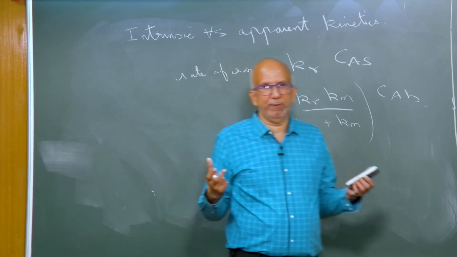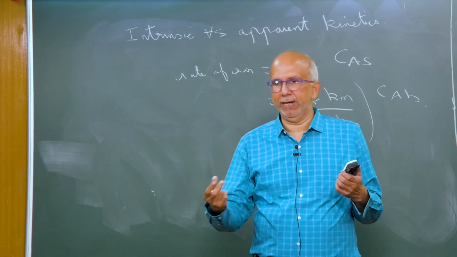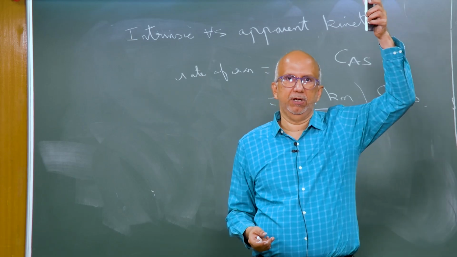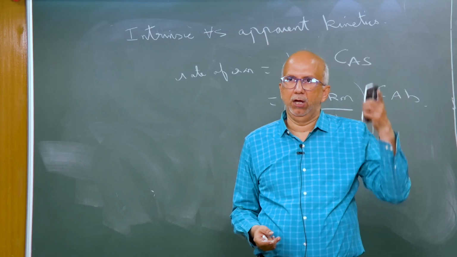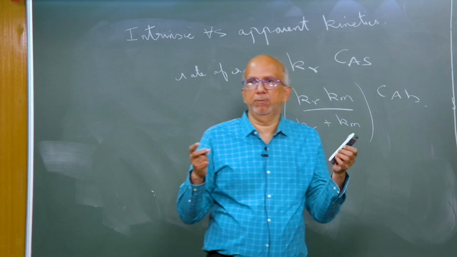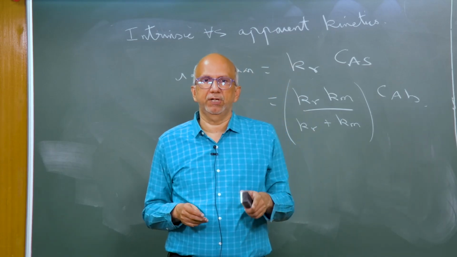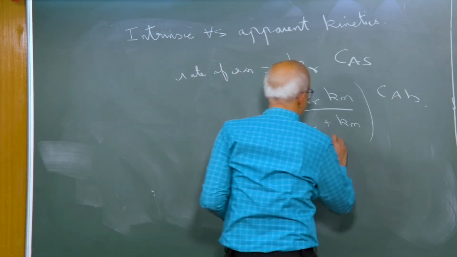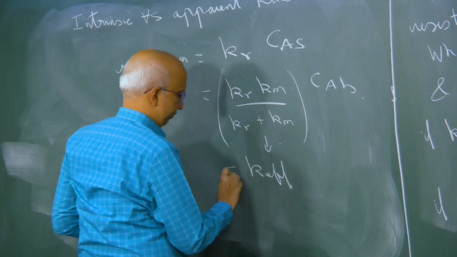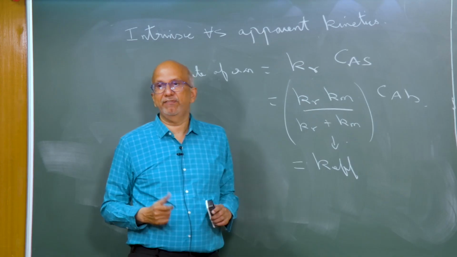Because when I actually do an experiment, I am trying to measure the rate of the reaction by looking at the concentration at the inlet in the bulk CAB and the concentration coming out of the reactor. And you will be doing some data fitting and all that, and you will try to estimate the parameter. So, what you observe is that this is like my K effective. This quantity here, Kr Km divided by Kr plus Km is like an effective rate constant.